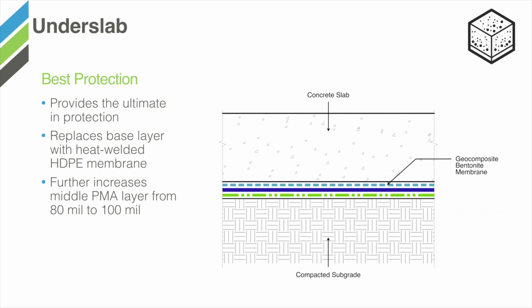To increase to the best, the base sheet is swapped out to the thermoplastic heat-welded membrane. The polymer-modified asphalt is increased from 80 mils to 100 mils, and the same bentonite protection course that was used in the previous assembly is also used in this assembly. This provides the highest level of building protection in an underslab condition.